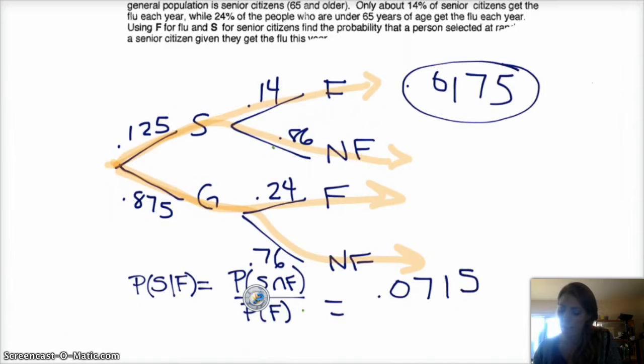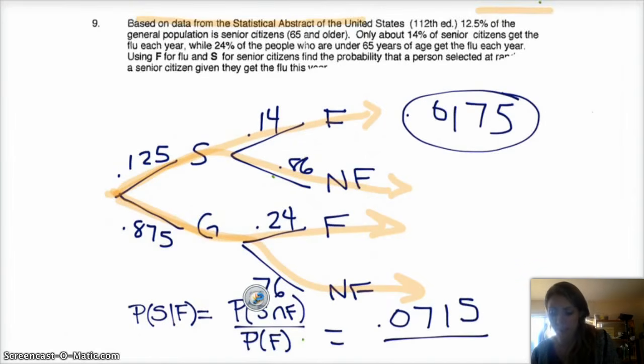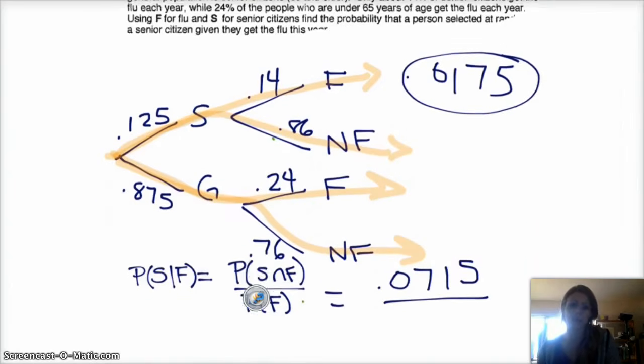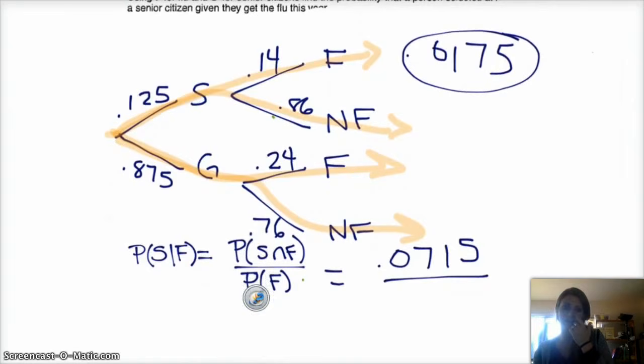So that's 0.0175. And the probability of getting the flu, they actually didn't give that to us. We only have the probability of a senior getting the flu and the probability of a non-senior getting the flu. So what you have to do at that point is find the other probability of somebody having the flu, which is the general public.